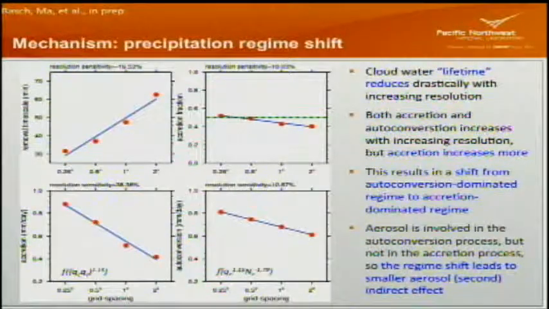And so with increasing resolution, you can say that there's a shift of regime from autoconversion dominated to accretion dominated regime. And we know that the current model formulation is that the autoconversion is a function of aerosols and accretion is not. And why is this happening?